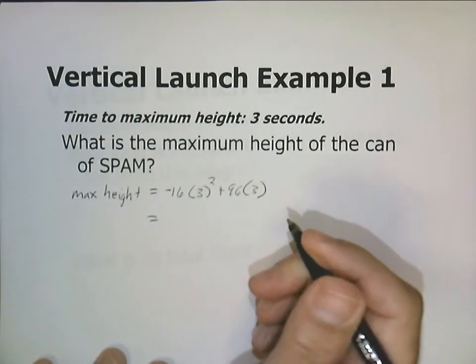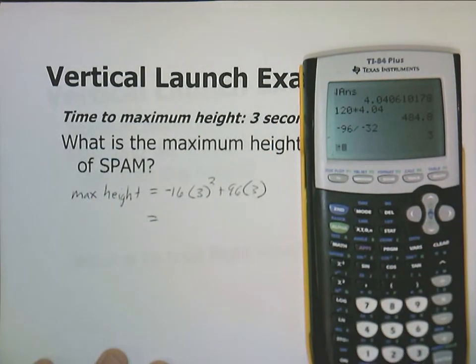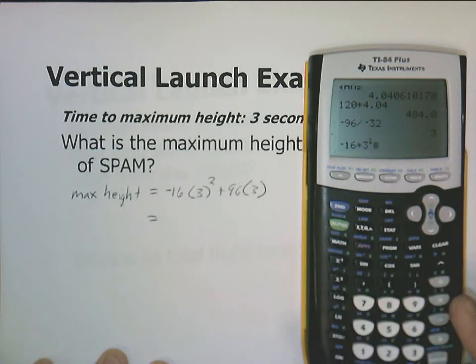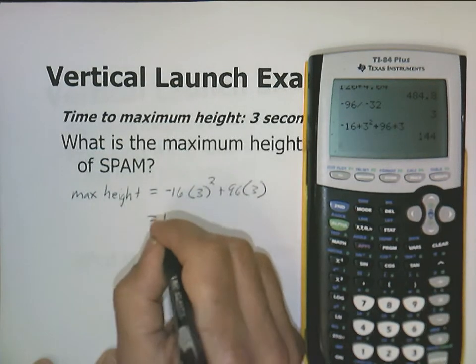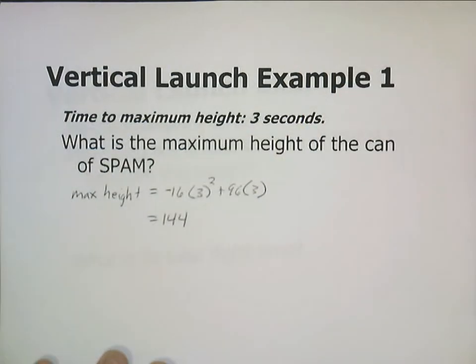This is pretty easy to figure out, or we just punch it into our calculator. Either way, -16 times 3 squared plus 96 times 3, and we get 144 feet. Wonderful.